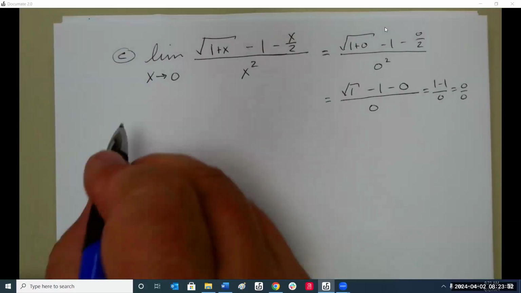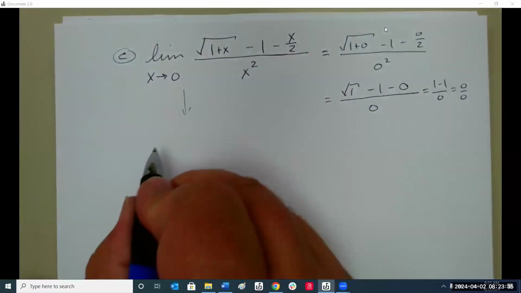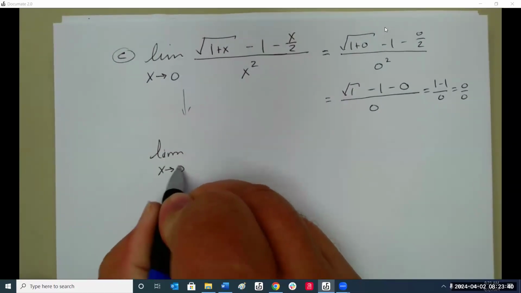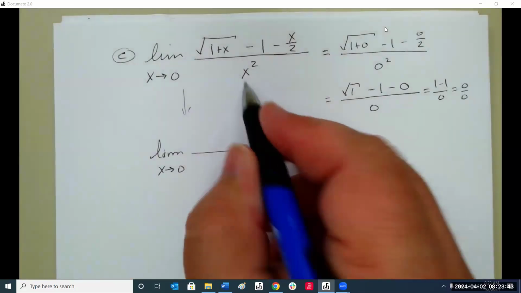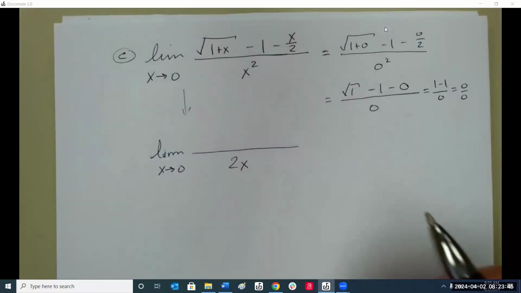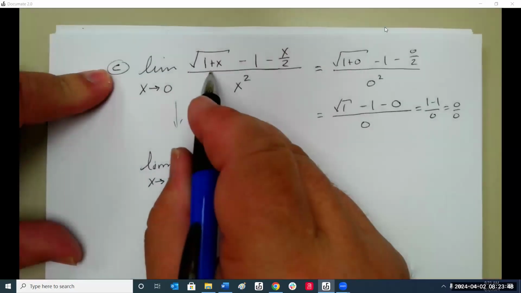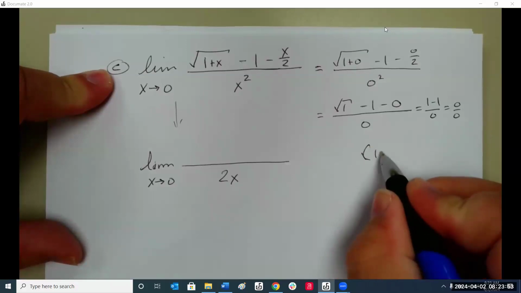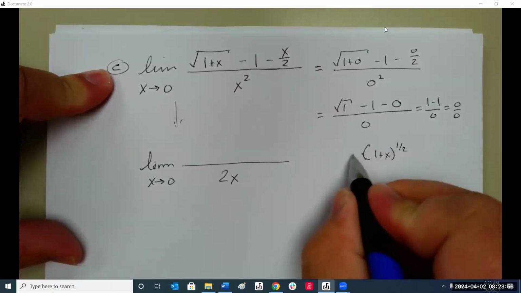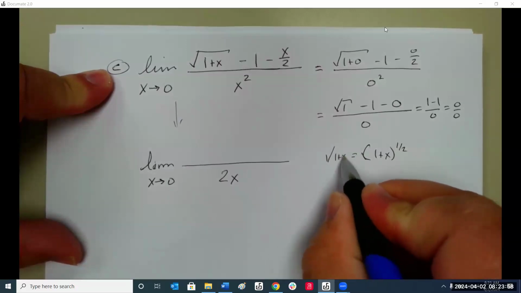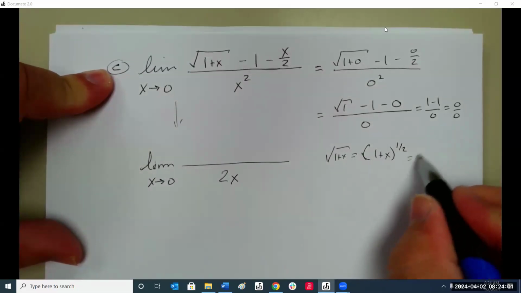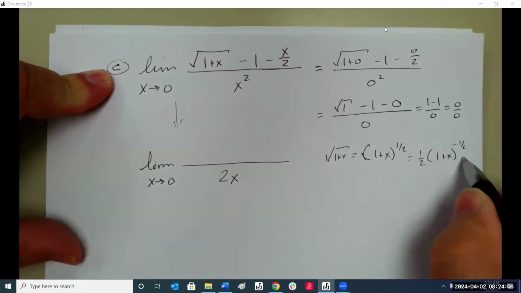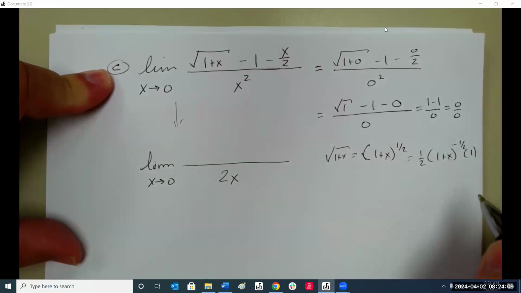So we can use L'Hopital's rule. The first thing we do is take the derivative of top and bottom. The derivative of the bottom is 2x. For the radical, we bring down the outer exponent, subtract 1, times the derivative of the inside, which is just 1.